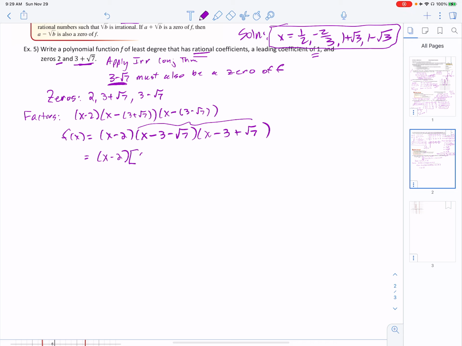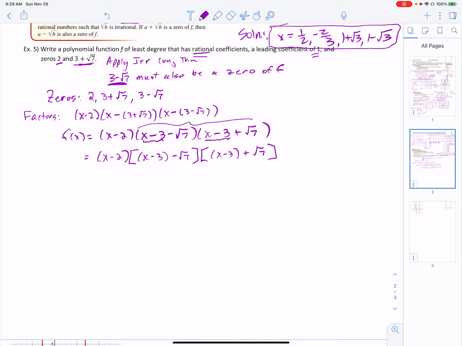And as you do it, the best way, and the way that I'll know that you have an understanding of how these multiply out, is you regroup those with this x minus 3 in its own set of parentheses and the minus root 7 and plus root 7 on the outside.